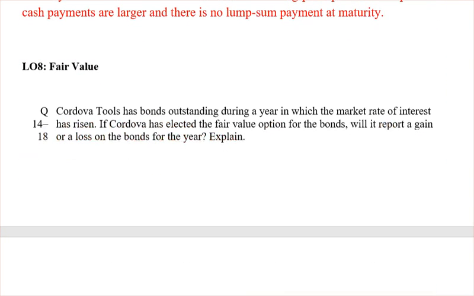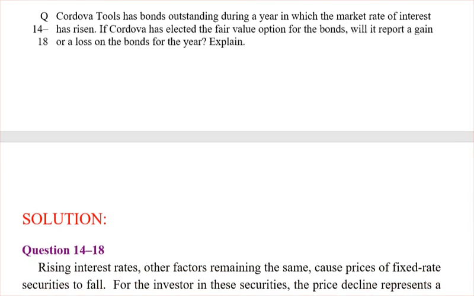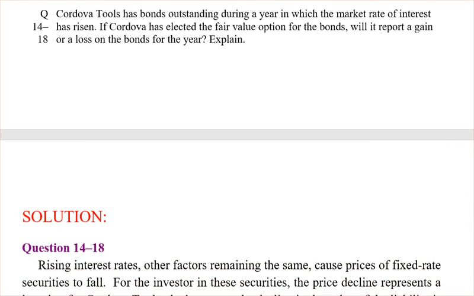Fair value. Here they have bonds outstanding, and the market rate rose. So if market rates rise, then we know the security prices fall. That's something you probably learned from finance.